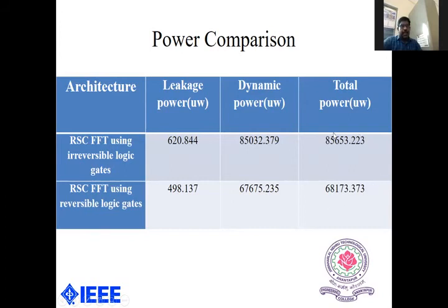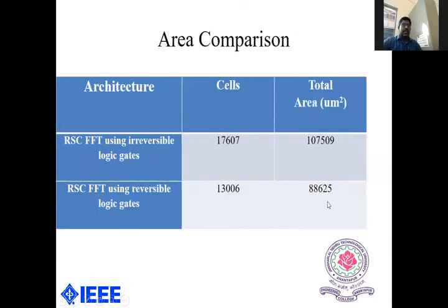When compared to irreversible logic gates, the architecture defined by reversible logic gates has considerably less power consumption. In the same way, we can observe the area consumption of irreversible and reversible logic gates on the cell standard and semi custom cells count, which is also displayed.